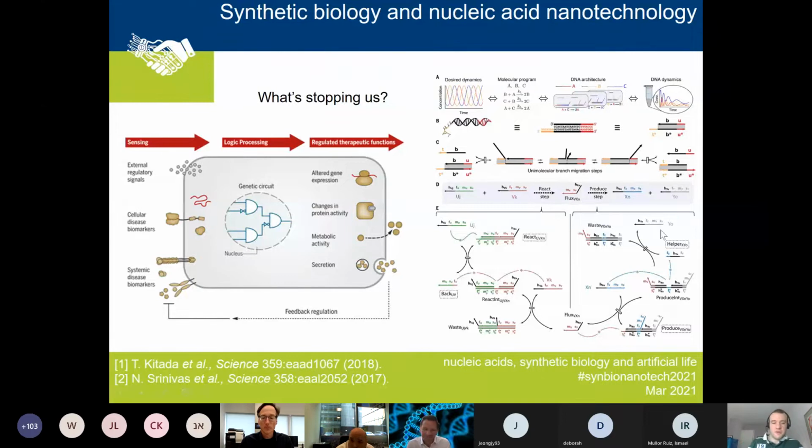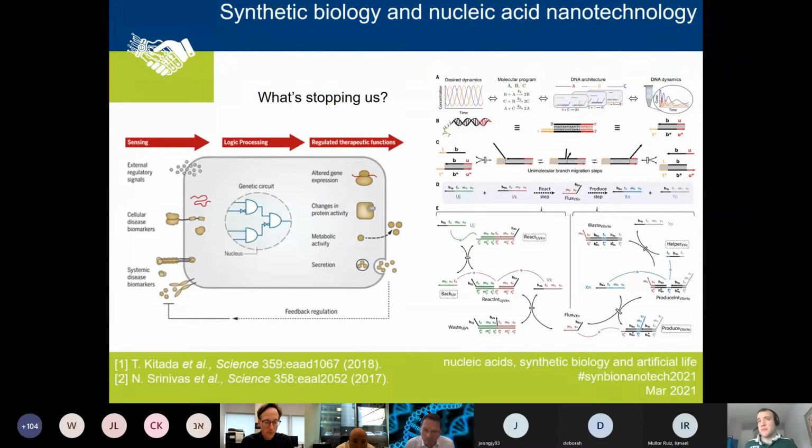For example, these dynamical systems from Srinivas et al. a few years ago. You can basically design arbitrary reactions to go at arbitrary rates, and you can do whatever you like." And Guy was very enthused by the possibility of including that in synthetic biology, which more traditionally works at the transcription factor circuitry level.